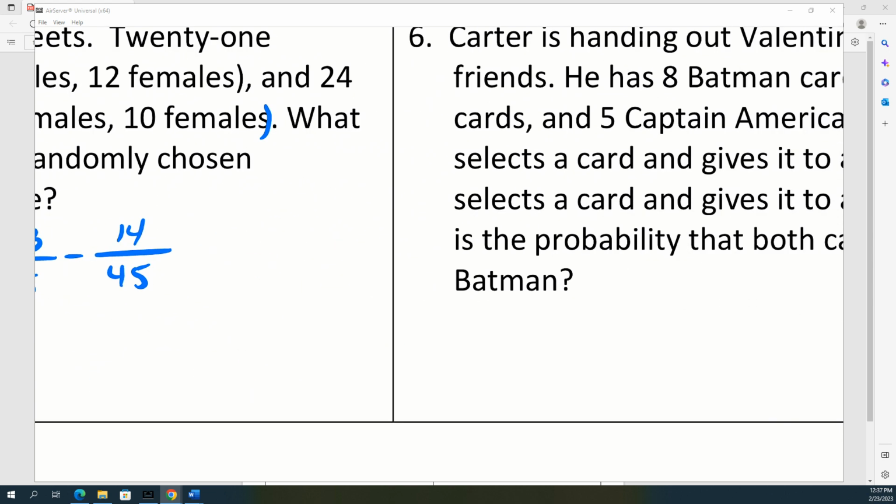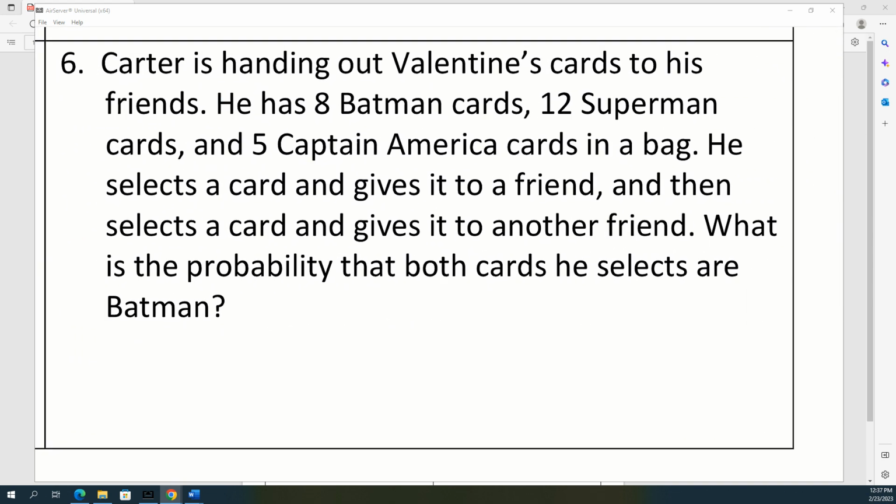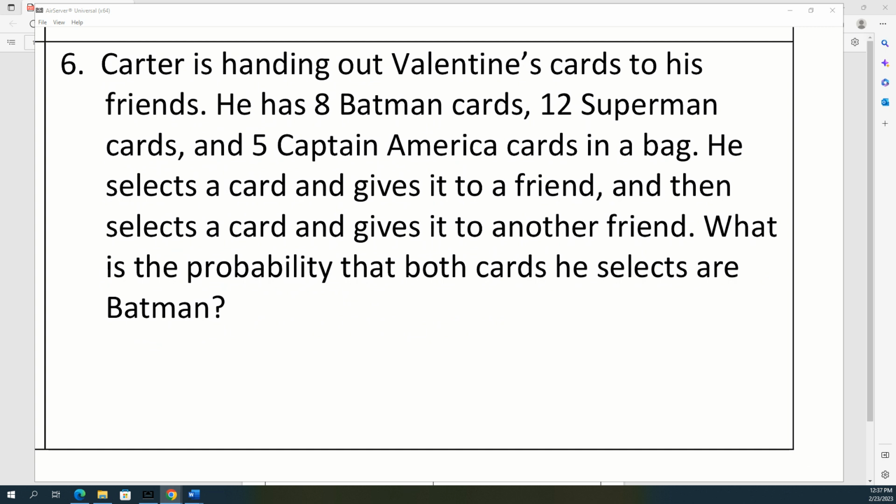Okay. So let's talk about Carter and these Valentines. Carter is handing out Valentine's cards to his friends. He has 8 Batman cards, 12 Superman, 5 Captain America cards in his bag. He selects a card, gives it to a friend, then selects another card and gives it to another friend. What is the probability that both cards he selects are Batman? So how many cards is he giving out? 2.